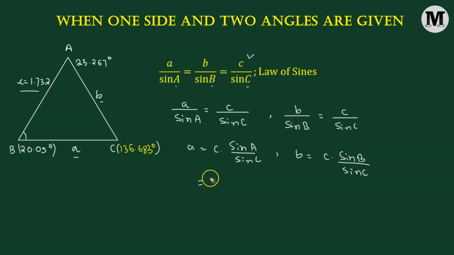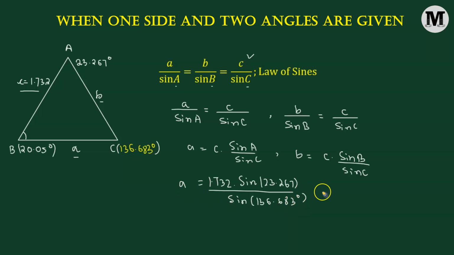Let's use our values. For a: c is 1.732 multiplied by sine of angle A, which is 23.267 degrees, whole divided by sine of angle C, which is 136.683 degrees.